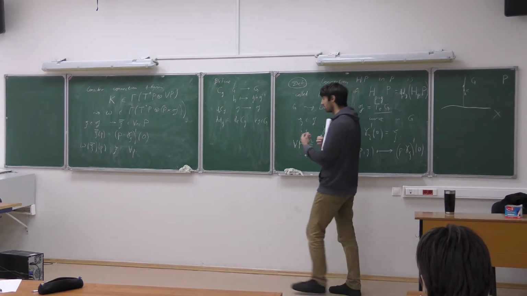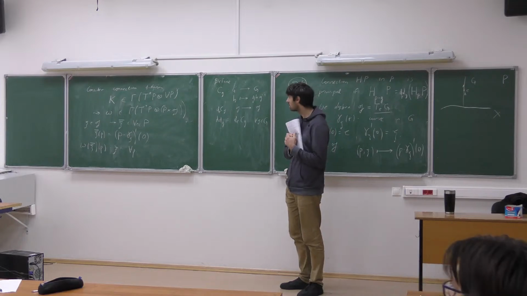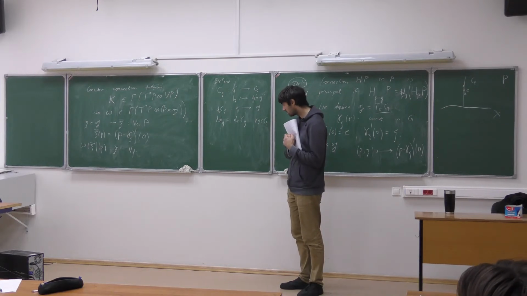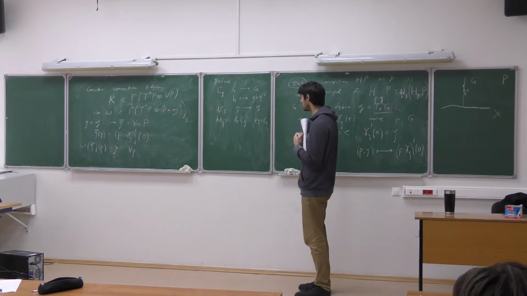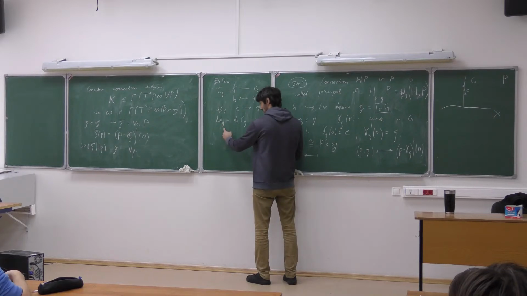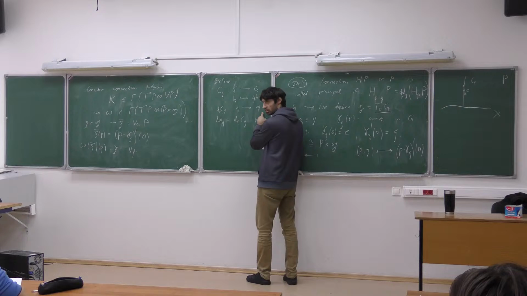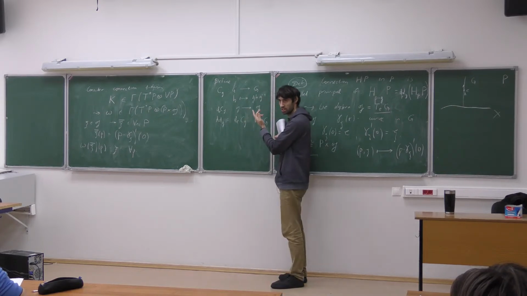Okay, so for any G element of a group, I have a linear map from Lie algebra to Lie algebra. By the way, this is a representation, which is called the adjoint representation.